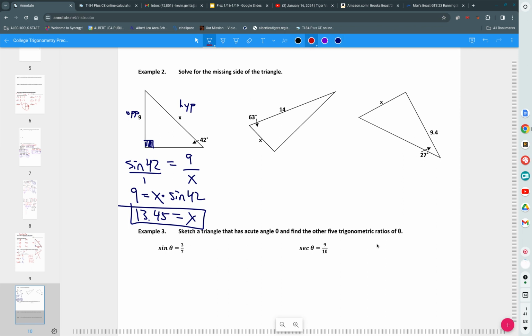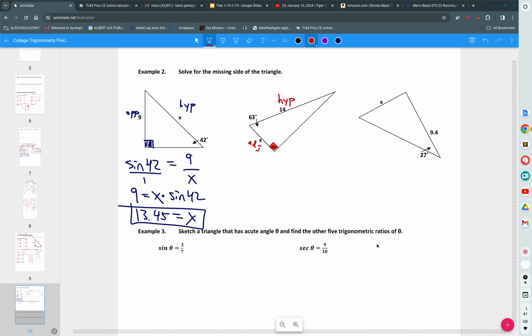Oh, Ella. All right, this one right here, we have a 90-degree angle. What is 14? Opposite, adjacent, or hypotenuse? And what is x? X is the adjacent. Okay. So do we use sine, cosine, or tangent?